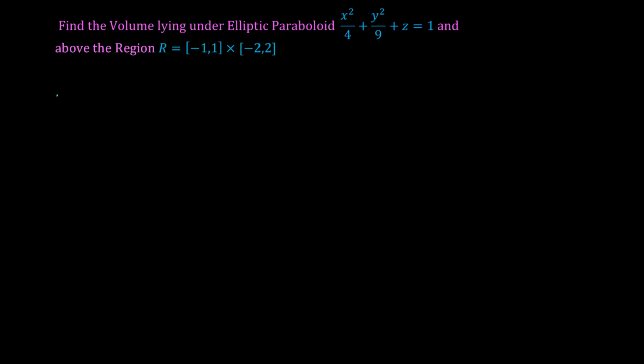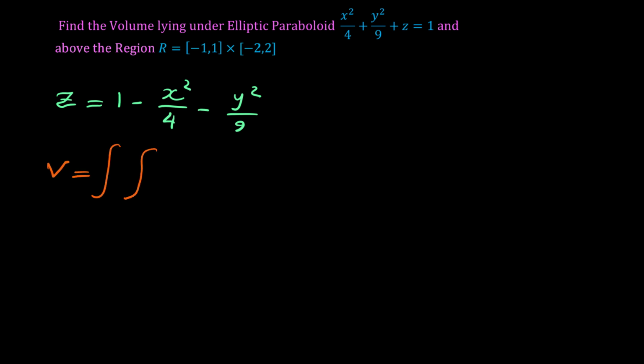By solving this for z, z equals 1 minus x to the 2 over 4 minus y to the 2 over 9. So this is the function that we have to find its integral over this region. So the volume equals the double integral of 1 minus x to the 2 over 4 minus y to the 2 over 9.